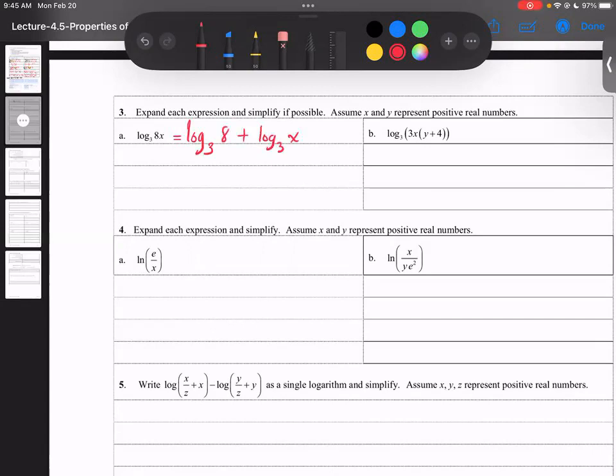Am I done here? Well, what can I simplify with? I think I know what you're thinking, but I don't think that will apply. Here, we're done with this problem.